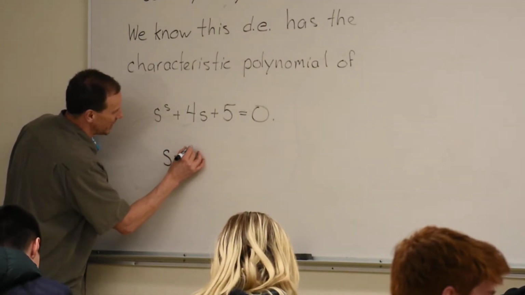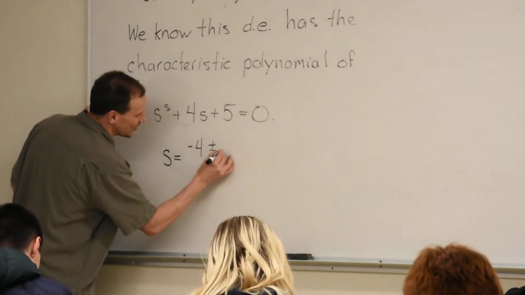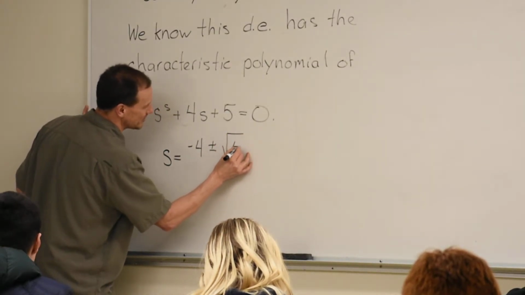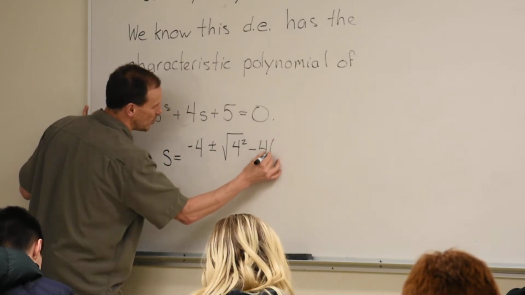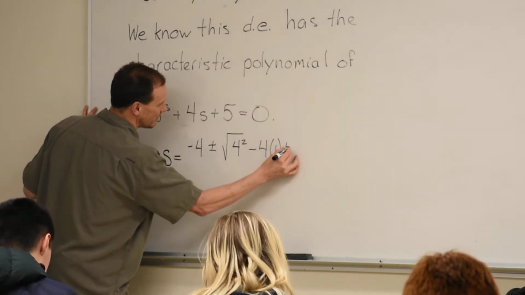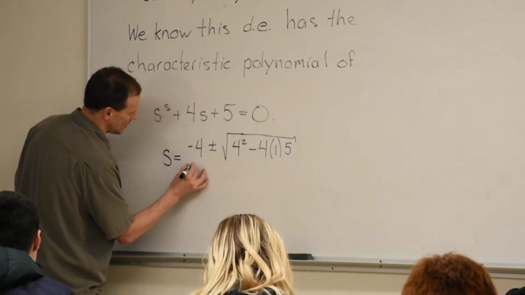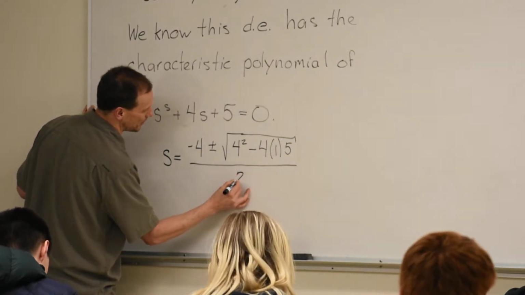So s is minus 4 plus or minus the square root of 4 squared minus 4 times 1 times 5 over 2 times 1.